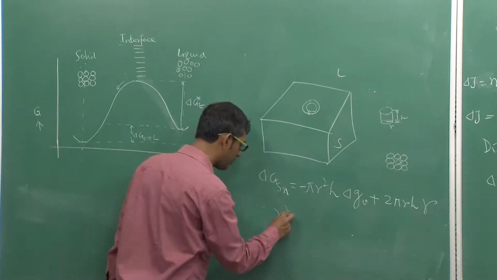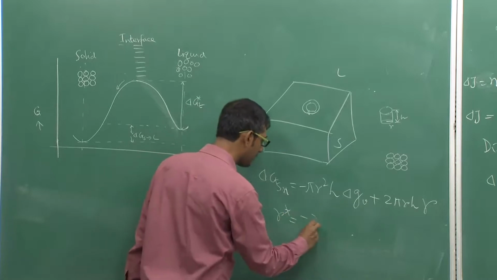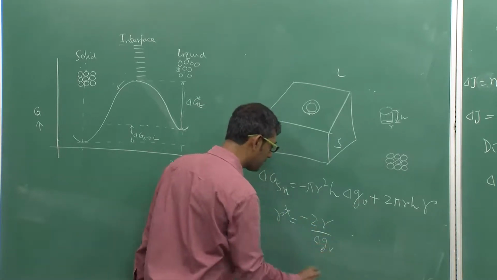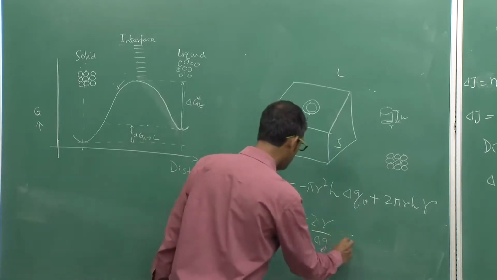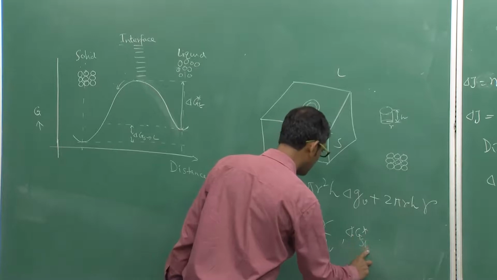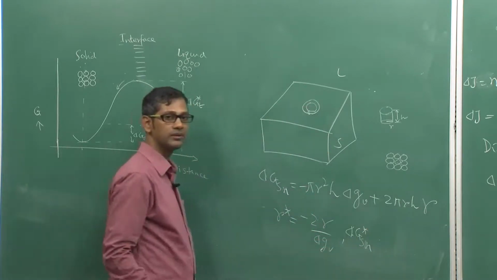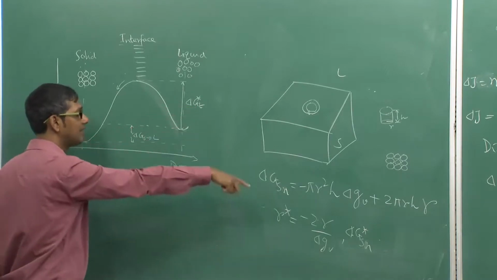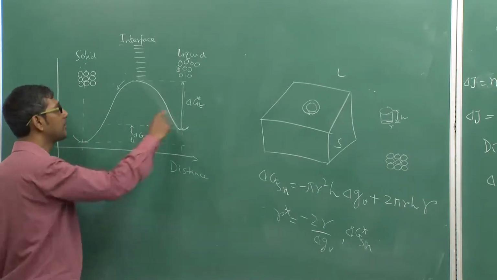You can actually find out the critical size, r star equals 2 gamma by delta G_V, and delta G star, you are creating a new delta G star, that is surface nucleation. That's the important aspect for us. That is what we want to know, because we have to add this part with this, because this is already present.